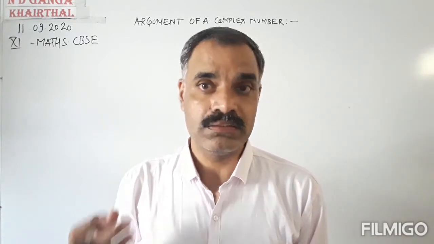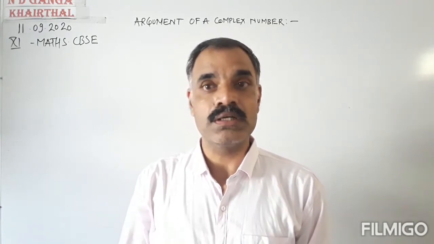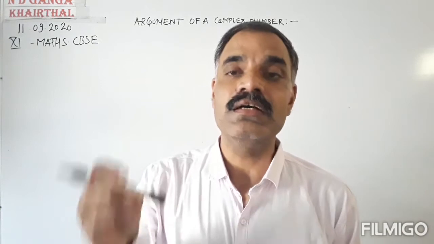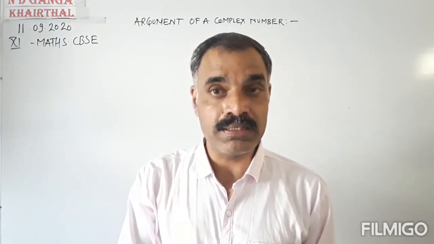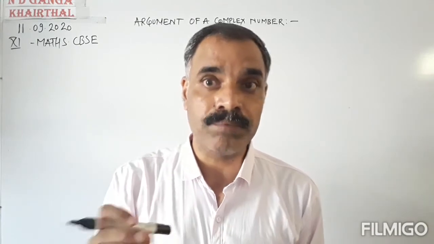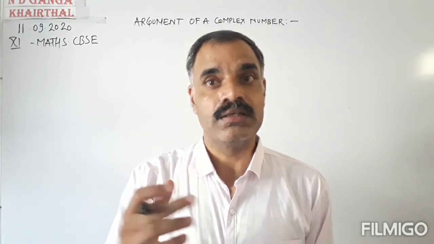So complex number Z can be represented as the point (x, y), and this point can be plotted in two-dimensional coordinate geometry.